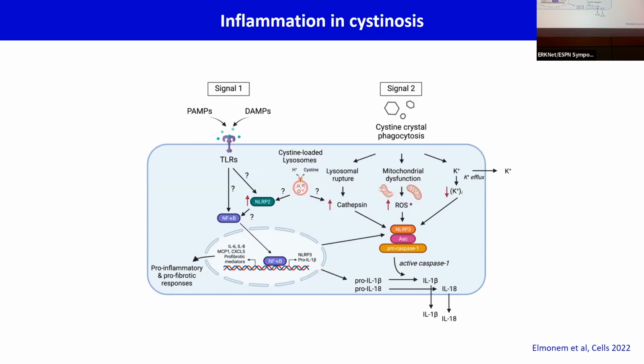In addition, cystine crystals can cause inflammation by rupturing the lysosome, by damaging mitochondria, and by causing potassium efflux. This activates caspase-1, and caspase-1 then activates inflammation.